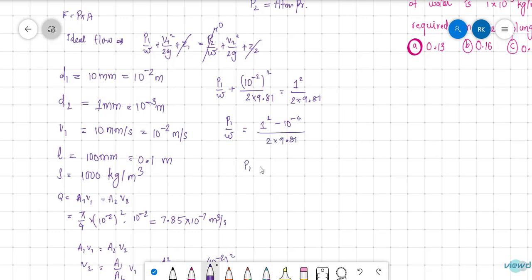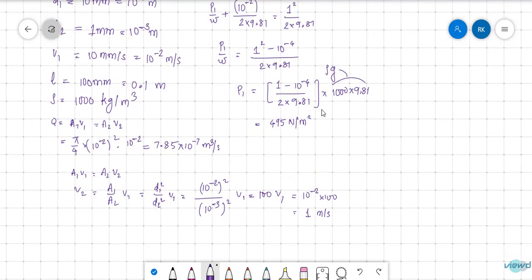So P1 is equal to 1 minus 10 power minus 4 divided by 2 into 9.81 into 1000 into 9.81. This is rho into G, that is W. So if you solve this, we will get P1 is equal to 495 Newton per meter square.